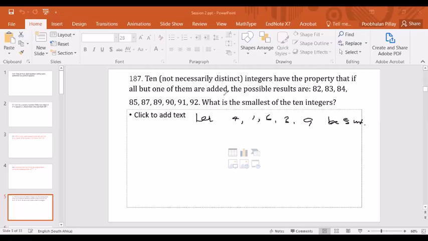Now all but one of them are added. So you add everything but one means except one. So I can add everything except 4, for instance, right? So when you add all but 4, that's 7 plus 8, 7 plus 8 is 15.